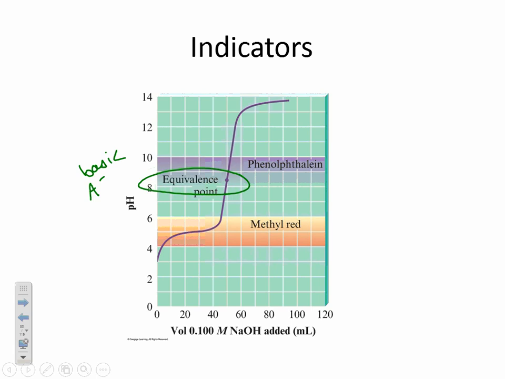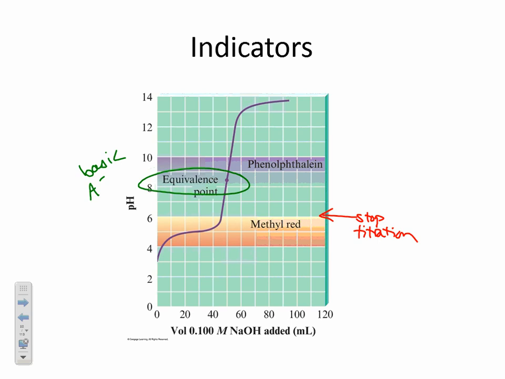You want your indicator to actually indicate the equivalence point by changing color right around that equivalence point pH. If you pick methyl red, you're going to basically stop your titration here, and, well, that's no good. You haven't even hit your equivalence point yet. Your indicator changes color, but you should not be done.